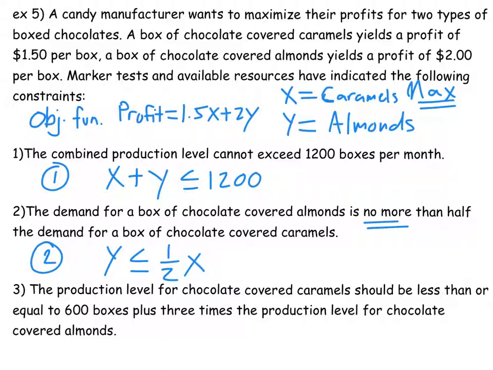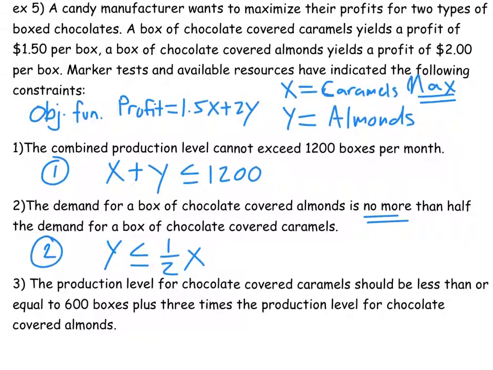Okay? So it looks like with the caramel, we typically sell twice as many caramels as almonds. That's something we should factor in. Probably comes from past data with our previous sales.